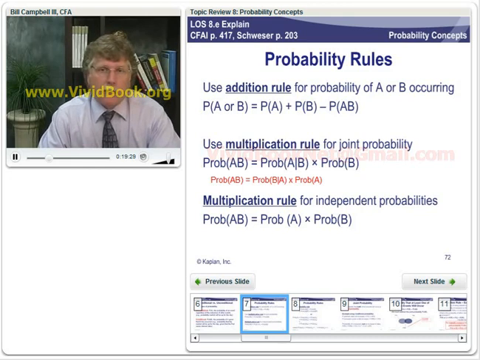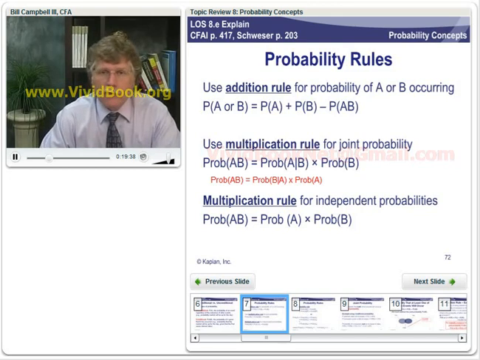You can have the probability of A given B times the probability of B, or you can have the probability of B given A times the probability of A. These are the same. These are both equal to the probability of A and B.